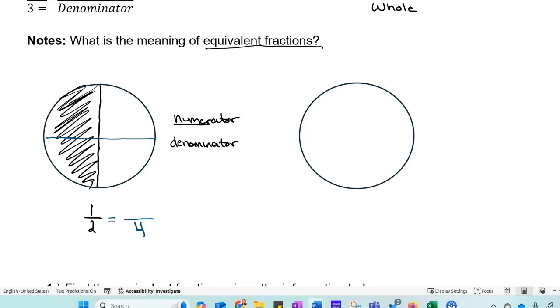And now of those 4, how many are shaded? Well, I have this one and this, which is 2 pieces. Right? So 1/2 or 1 out of 2 is equal to 2 out of 4. Okay? And then you could keep going. I could cut those in half again.